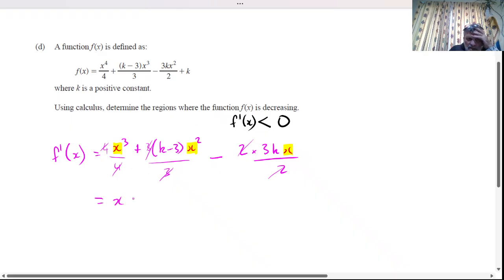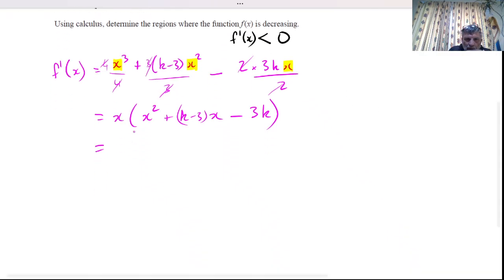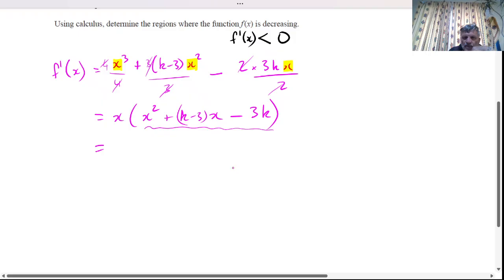So we get x times (x squared plus k minus 3x minus 3k). Ideally, we want to factorize this bracket. That can be done because it's two numbers that multiply to negative 3k and add to k minus 3.